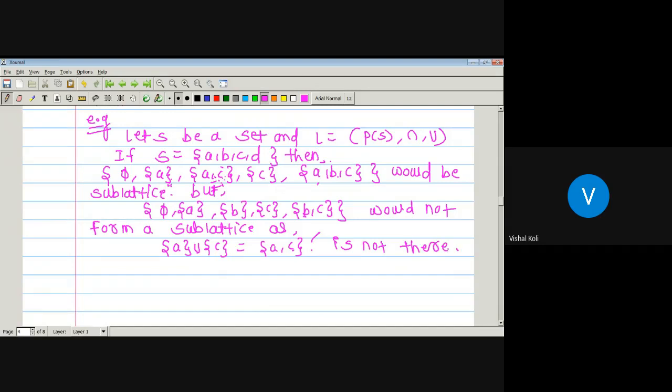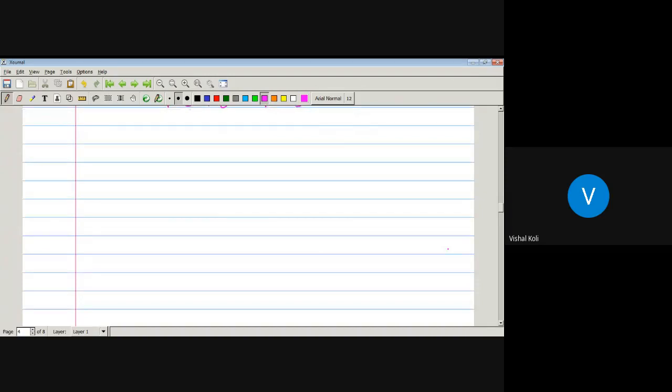Now this will be the definition of sublattice. Now the next concept will be nothing but complete lattice.